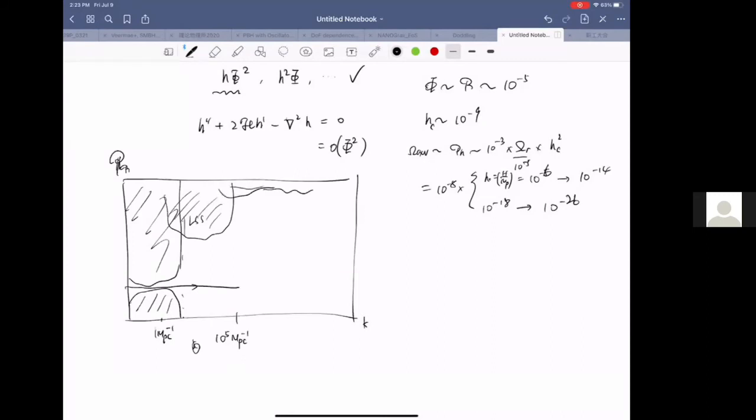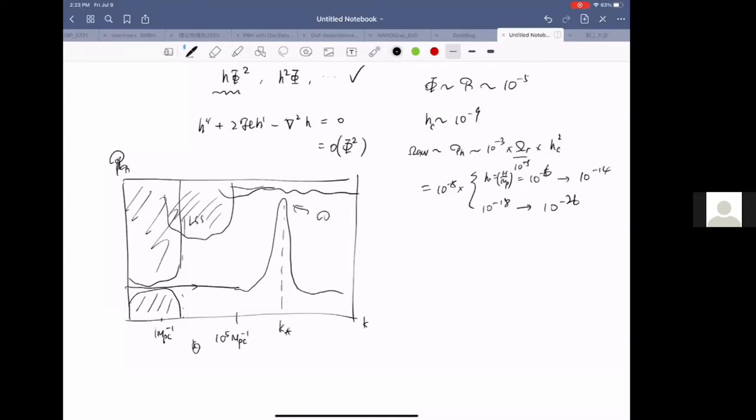The only constraint is that the scalar perturbation cannot be too large. Otherwise, you have too many primordial black holes that will spoil the homogeneity of our universe. So it is quite possible that we have some enhancement of the scalar perturbation on some smaller scales.